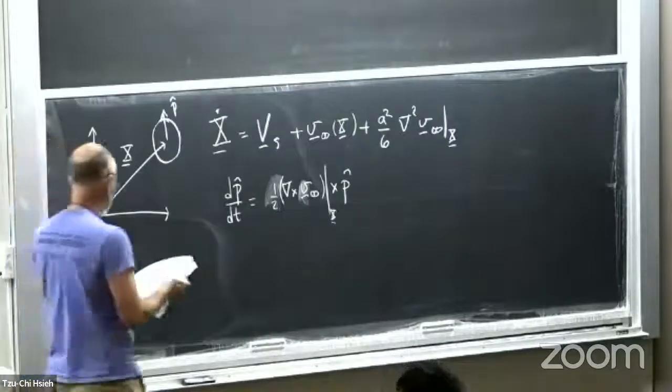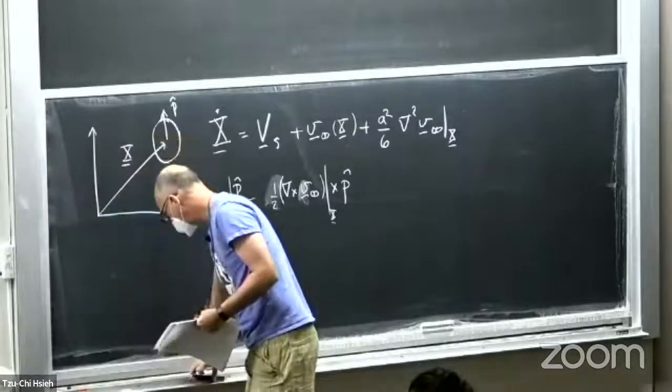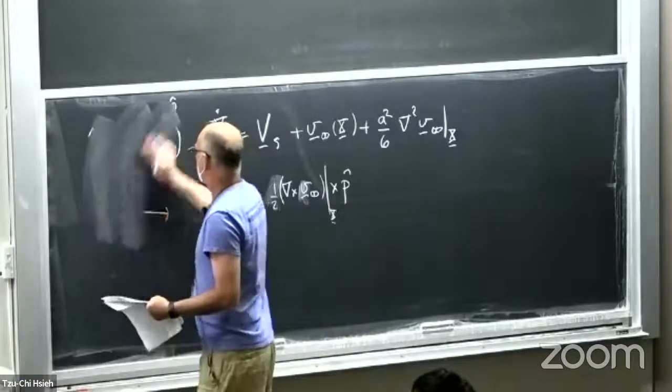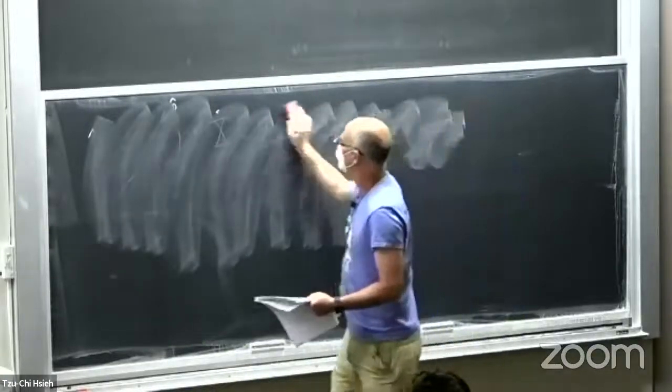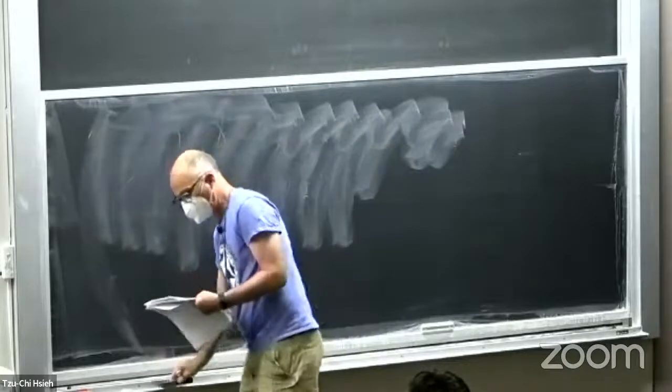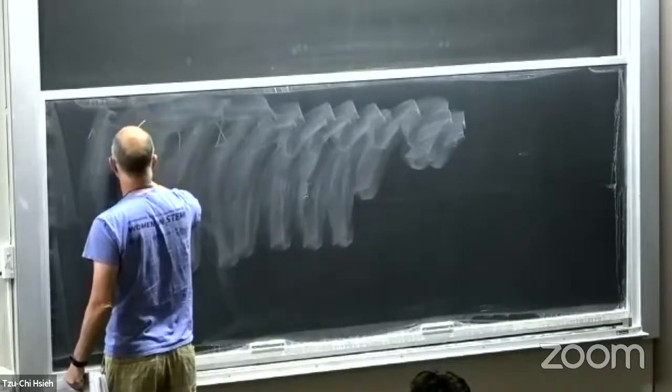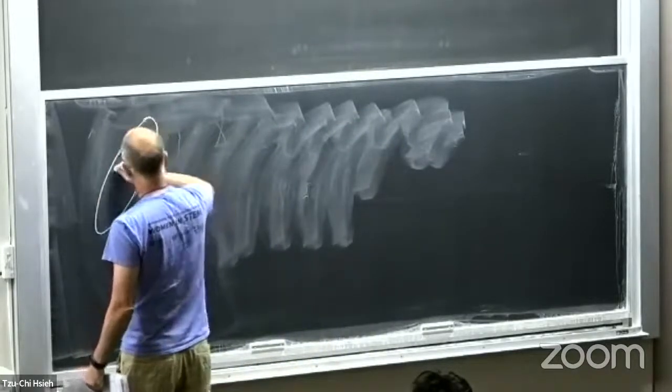So Jeffery solved the Stokes equations exactly in 1922 to find what the evolution of p would be for an ellipsoid. So we'll just draw a prolate ellipsoid here.